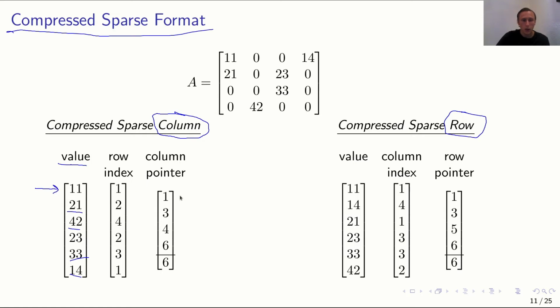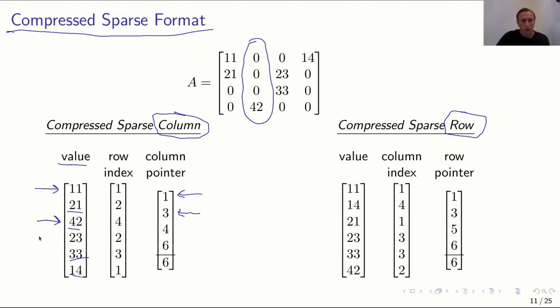And that's where this column pointer 1 comes from. Then the second column, just the value 42, is going to start at the third position, as you can see. So it's still just one array, but in the third position, we know our second column is going to start. And that's where this number 3 comes from.